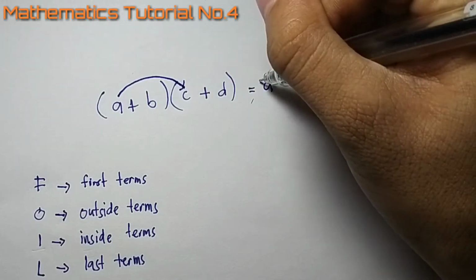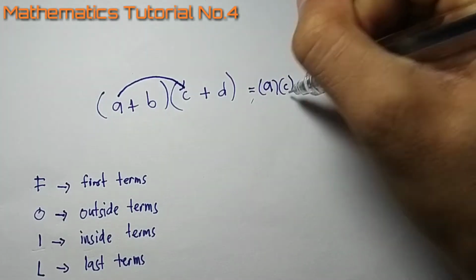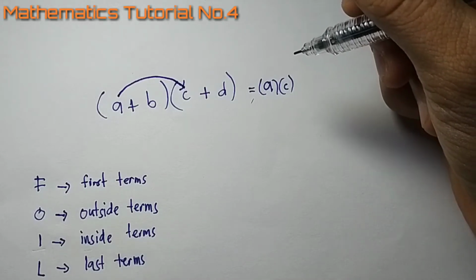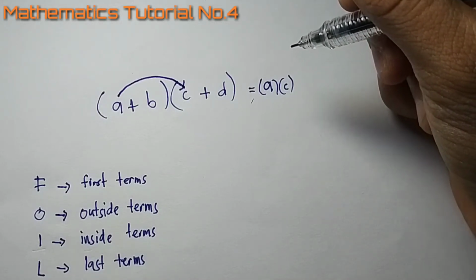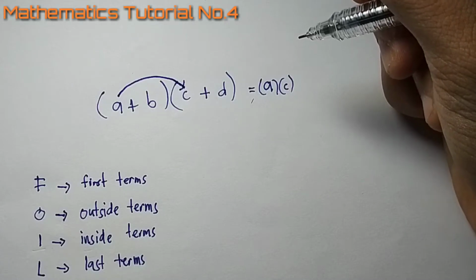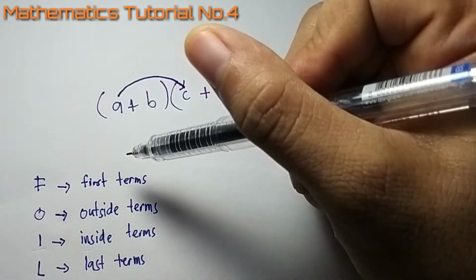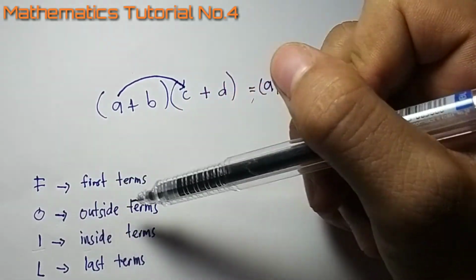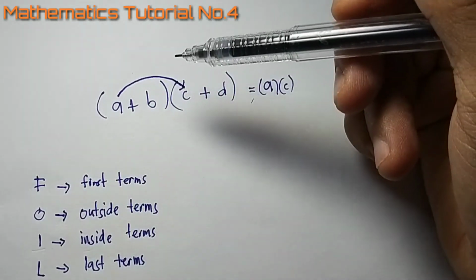So A times C. Sunod diri na dayon ta sa O, sa outside terms. Asa man ang outside terms?